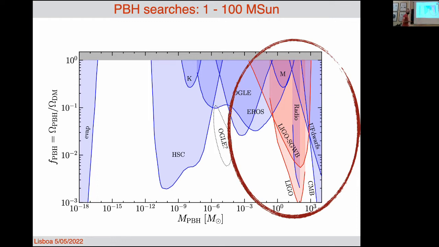Can I ask a question? In the left part, there's the bound due to the evaporation. Why is the line not horizontal? The reason is that black holes lighter than 10 to the minus 18 solar masses would have evaporated already, given the evaporation rate due to the emission of Hawking radiation, so they couldn't make up dark matter today. But why is it not horizontal? Because the evaporation rate is a function of the mass.